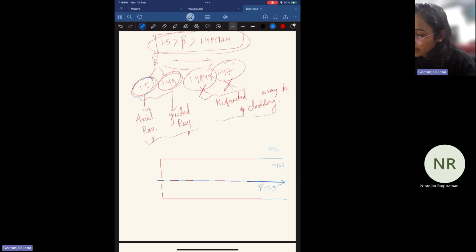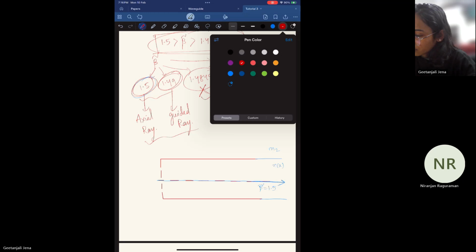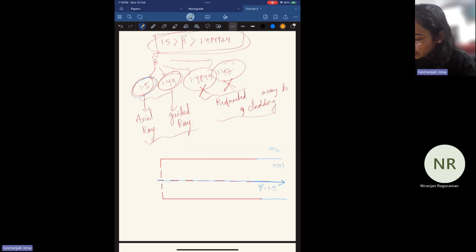And for the second ray, we have beta tilde 1.49, so this will be like this. It's sinusoidal. This one is for beta tilde 1.49. And the other rays, 1.4849 and 1.47, will be refracted to the cladding.